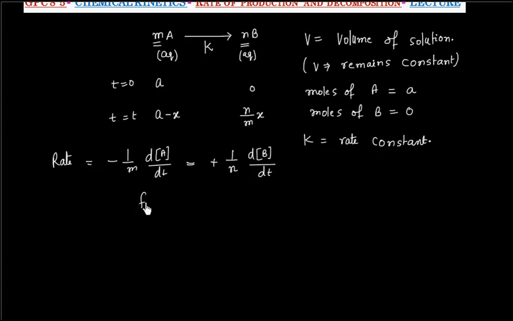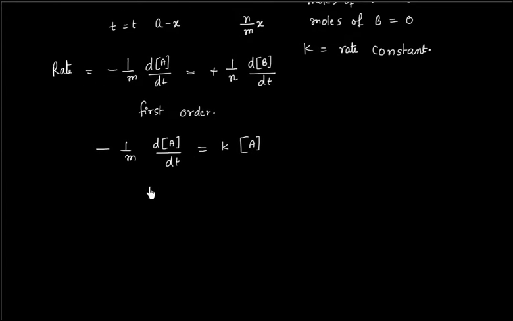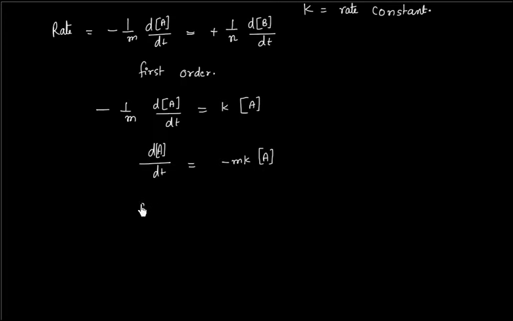Let us say this reaction follows first order kinetics. So we can write minus 1 by m dA by dt is equals to k times concentration of A. Or we can write dA by A equals minus mk dt.